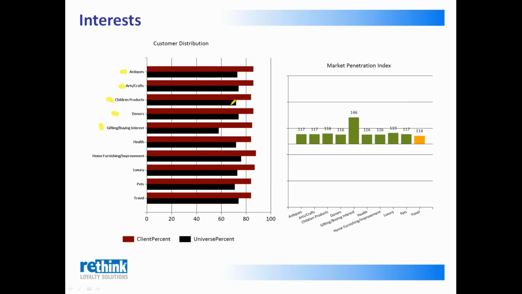When you get into these nice suburban affluent neighborhoods, they tend to do a lot of online shopping and direct mail shopping, which is where a lot of these interests come from, or there are various other feeds to the database, but basically 70-80% of them are popping in each of these interest and hobby areas, but so is the rest of the universe. So the only one that's really jumping out from an index standpoint is gift buying.